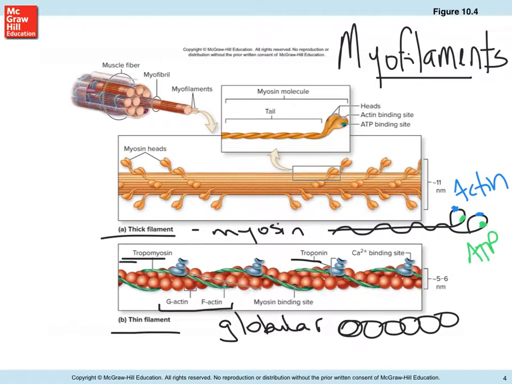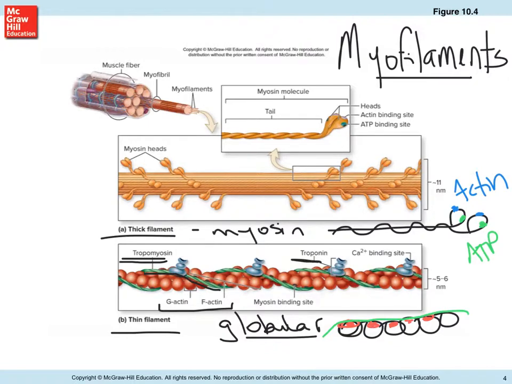The tropomyosin is a thread-like protein, and it aligns up with the G-actin in such a way that on the G-actin there are actually binding sites for the myosin, and the tropomyosin lines up in such a way as to block those binding sites.